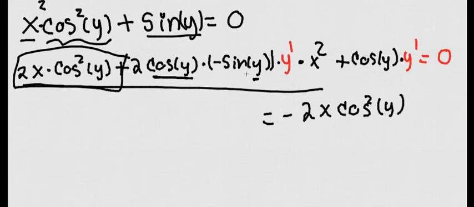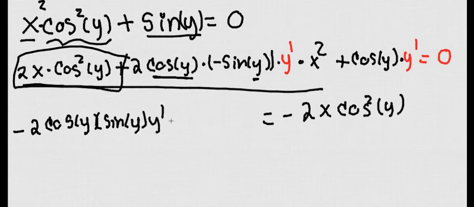So, this negative sine y and 2, and this cosine, I'm just going to put negative 2 cosine of y, sine of y, and then y prime, and actually we can just put the x squared in the front as well, right here, plus cosine of y times y prime.